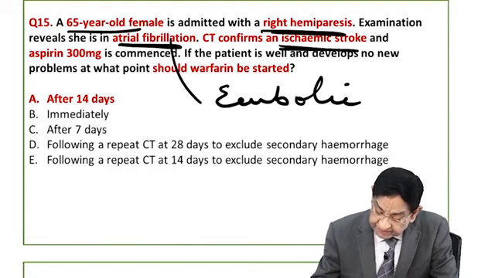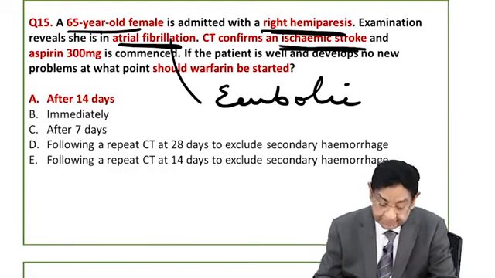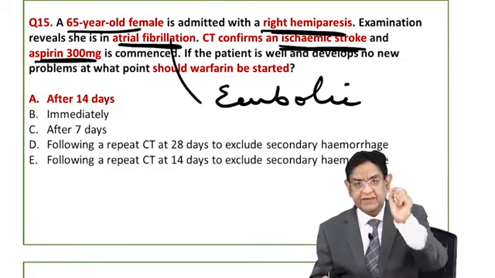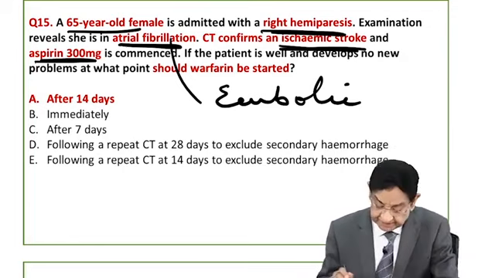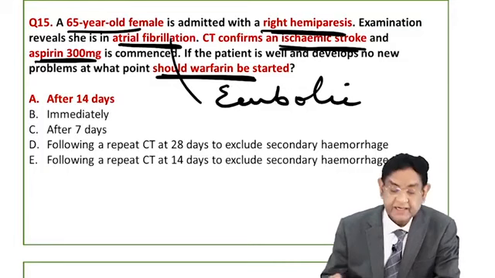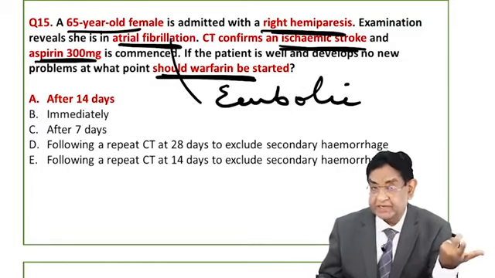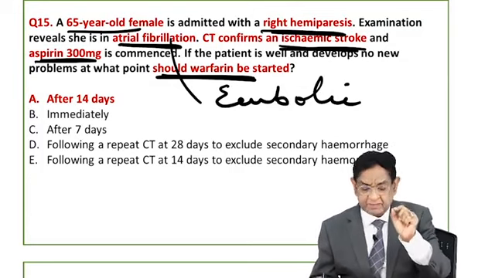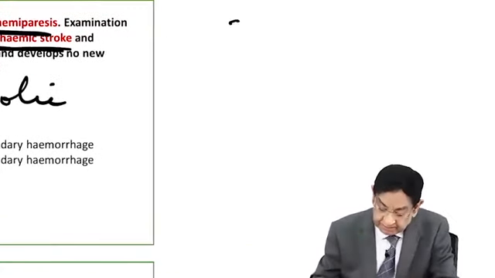CT scan confirms ischemic stroke, and aspirin is given. The first drug always given in ischemia is aspirin. Now warfarin: the patient again has atrial fibrillation, so we need it, since in atrial fibrillation an embolus must have come.